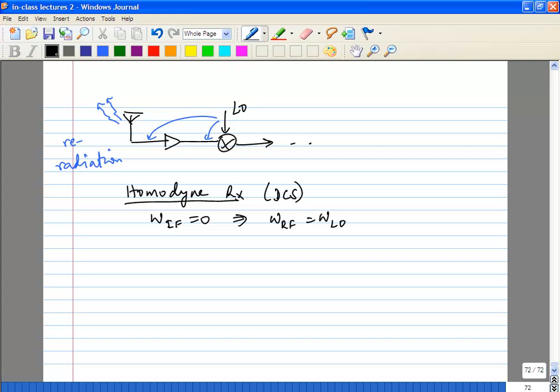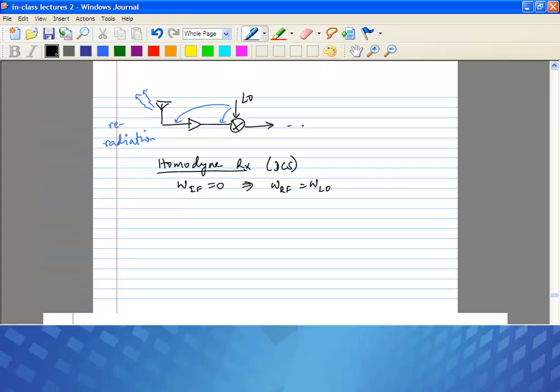The major characteristic of these receivers is that the IF frequency is 0. So in the receiver you don't go from RF to IF and then to baseband, you go directly from RF to baseband. So your IF frequency is 0, which means your LO frequency is the same as your RF frequency. Then what happens?